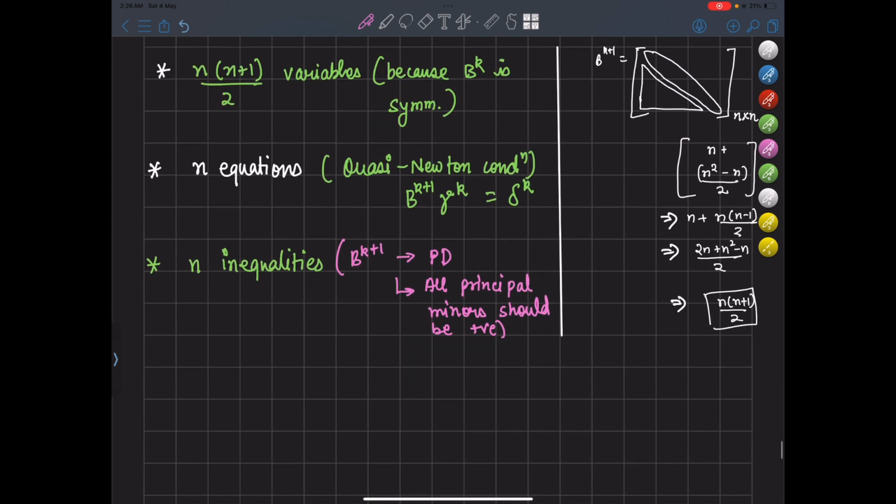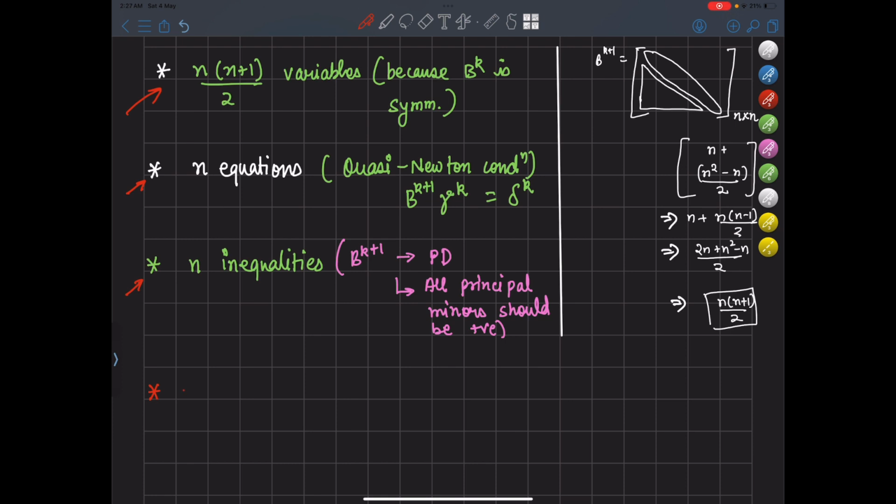So one thing that comes out as an observation is, we have n equations, but we have a lot more variables, right? Even when we have n inequalities, the number of variables is still very huge compared to the equations.